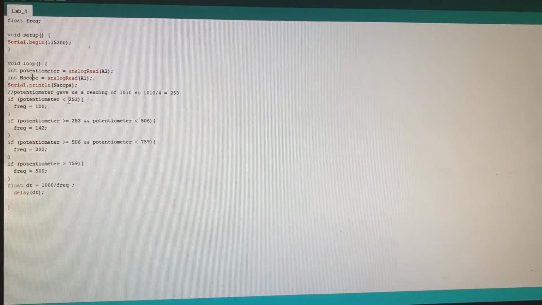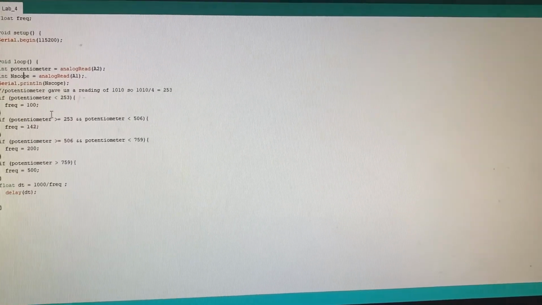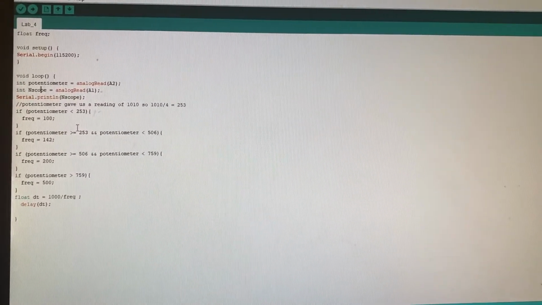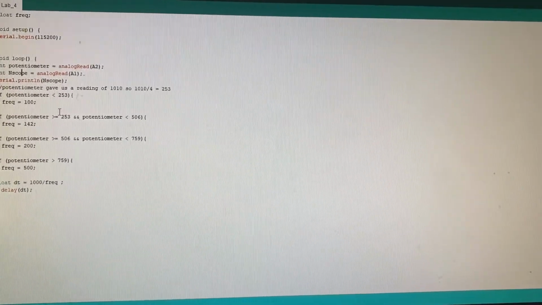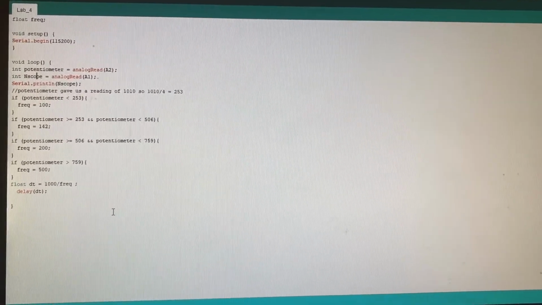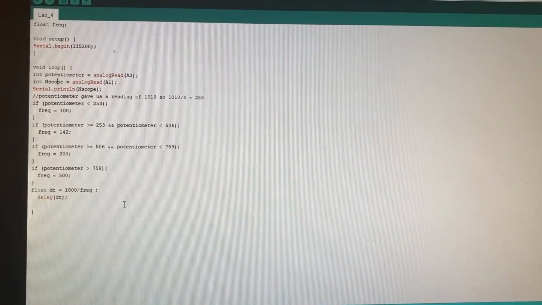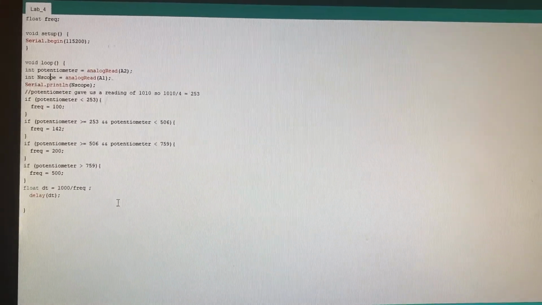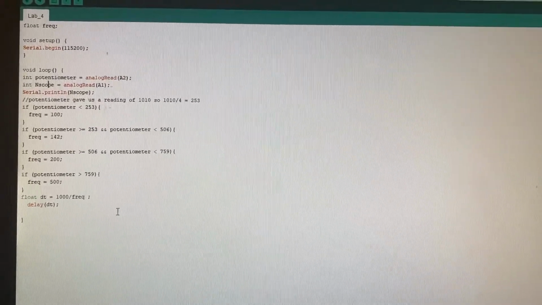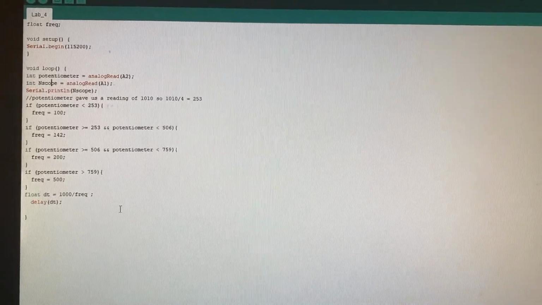So there are 4 different ranges, and on every range there's going to be a set frequency, and that's what the processing code is going to read, and it's going to give us the sine waves that we're looking at.